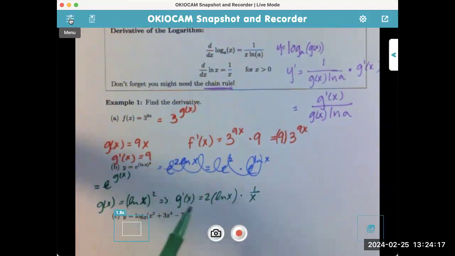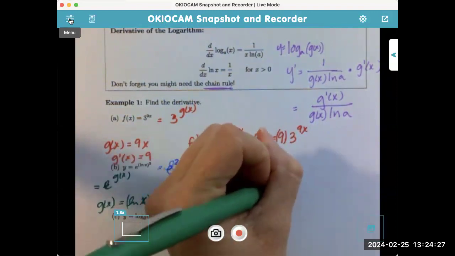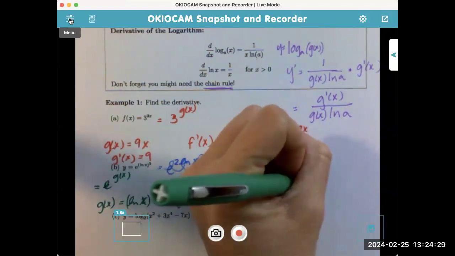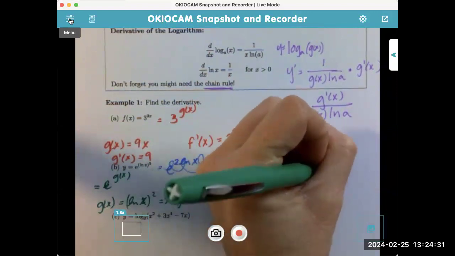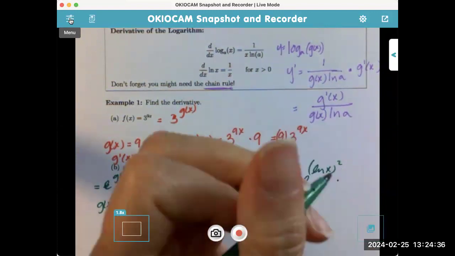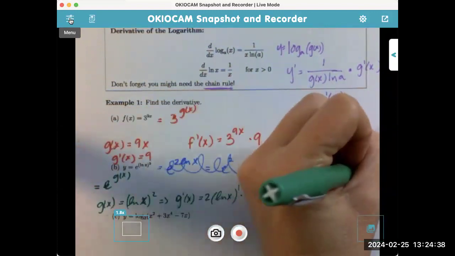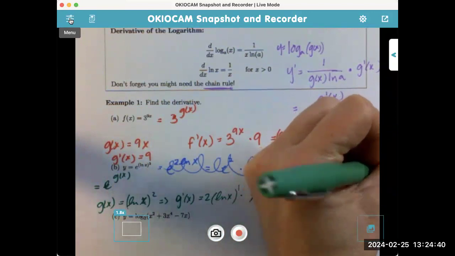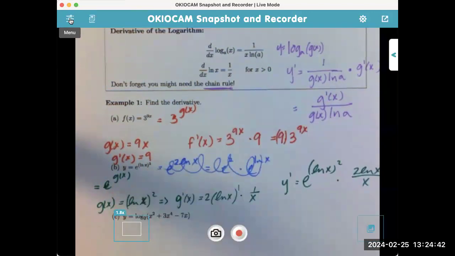Because the 2 comes down in front, power rule says now that's the power of 1 times the derivative of the inside, which is 1 over x. So our y prime is e raised to the natural log of x quantity squared times the derivative of the power, which is 2 times the natural log of x all over x.